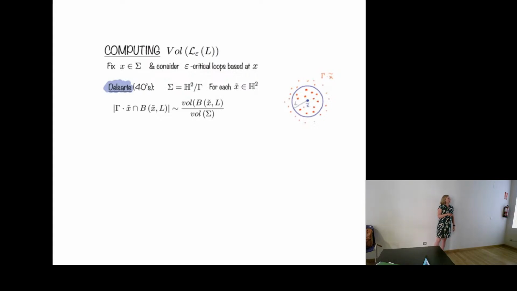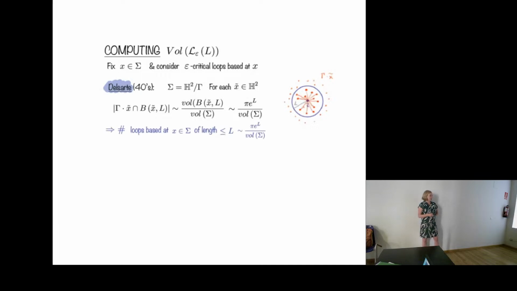And I look at how many are there in a ball of radius L. They equidistribute, meaning the count is proportional to the volume of the ball, so it's the volume of the ball divided by the volume of the surface. In hyperbolic geometry, the volume of the ball is asymptotic to pi e^L. But then, using the exact same arguments, this follows from the mixing of the geodesic flow.